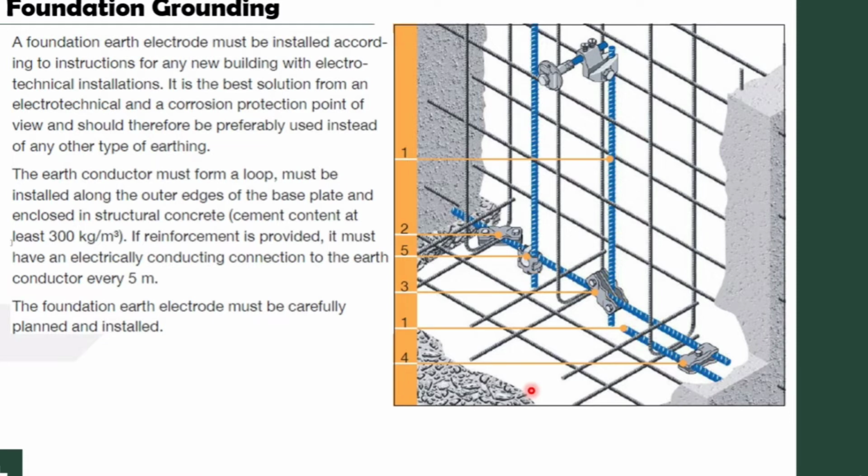The foundation earth electrode must be carefully planned and installed. As you see here, I'm installing this metal conductor inside the structure of the foundation. I connect this plate, and after the boring is finished, only this plate will appear.